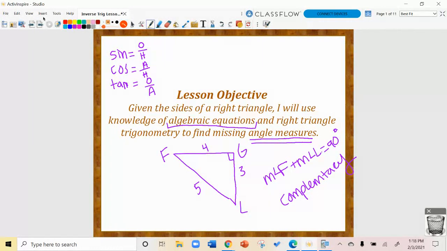So hopefully you've either got this presentation printed or you've got your notebook that you take all of your geometry notes in ready to go. I would also suggest that you have a calculator ready, whether it be a graphing calculator, a scientific calculator, or the Desmos scientific calculator that I used in a previous video.